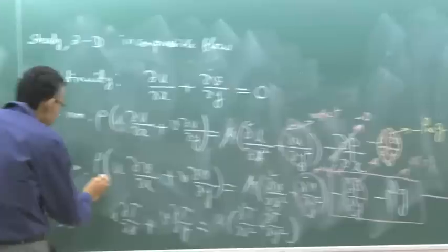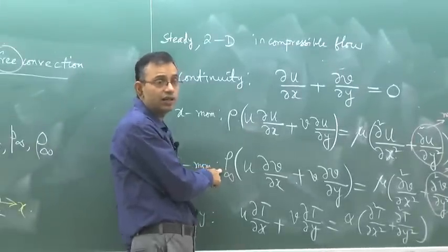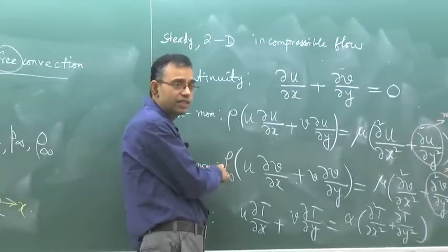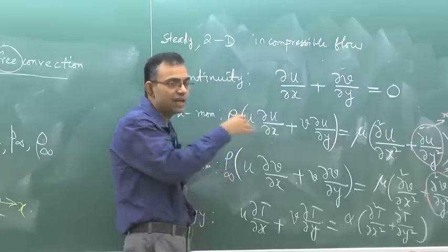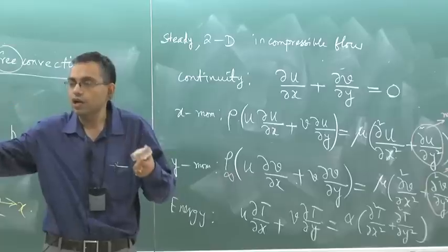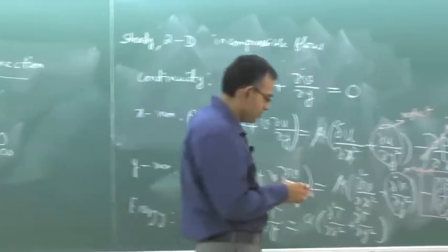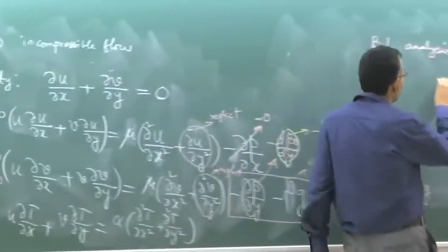So here he considered rho equal to rho infinity. This is an assumption, this is not the reality. Here also rho will change, but these are certain levels of simplification to make your analysis more and more mathematically tractable. So, let me write that Boussinesq approximation.